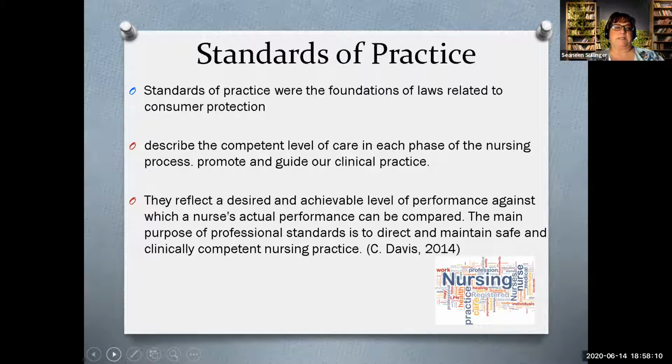So does this nurse over here perform the same as this nurse over here? Well, no, they do things a little bit differently, but are they within the standard of practice? Yes, they're both within the standard of practice. So you have a comparison there. And it's there to provide safety, to direct care, and to maintain safety, and to be a standard for clinically competent practice.